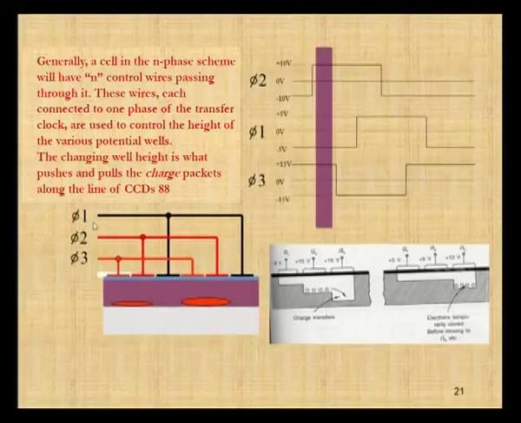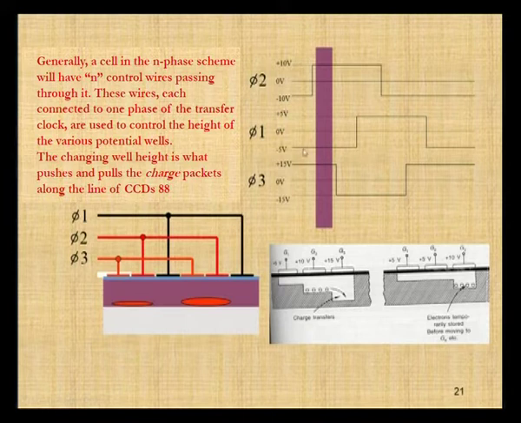Look at the figure: when phase 1 is low, phase 2 and phase 3 are high. So these two are high, and the charge packets are collected completely in this region. There is no charge packet in phase 1.